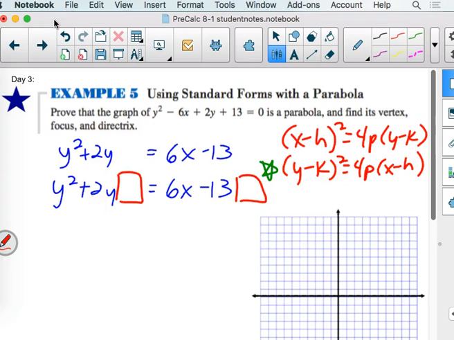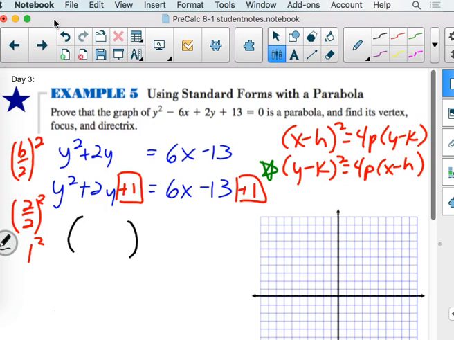And whatever we do, we have to do to the other side as well. And this all comes back to that really little formula, b over 2 squared. Where it's ax squared plus bx plus c, we're going to take b, which is 2, divide it by 2, and square it. Well, that's 1 squared, and that's 1. But whatever we do to one side, we have to do to the other.